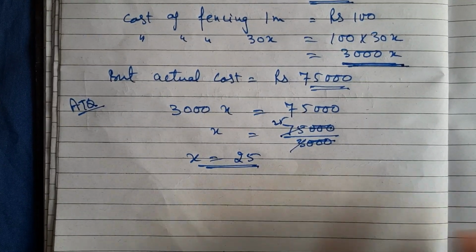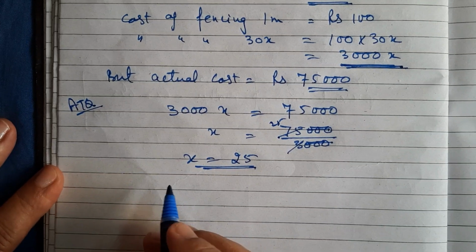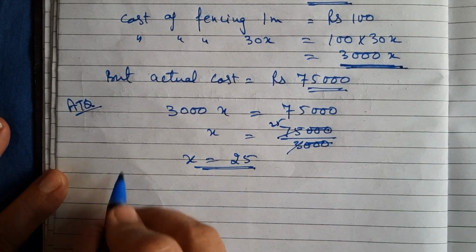This x is the common factor for length and breadth, which we got in the ratio.